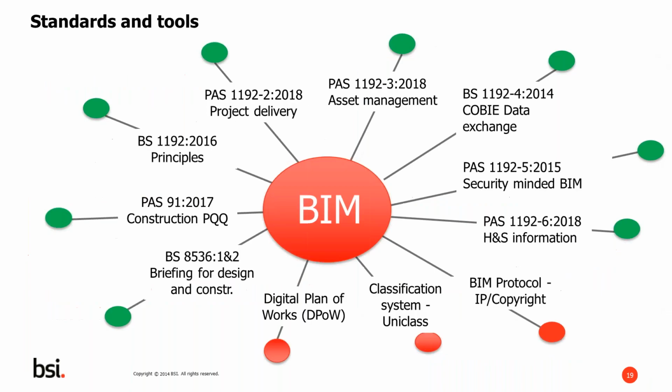So what are the BIM standards and what do they look like? And the other tools as part of BIM level 2. So relevant documents are, I'll start in the top left-hand corner with BS 1192, which was updated in 2016, which is a principles document. And then Part 2, PAS 1192 Part 2, which focuses on project delivery.